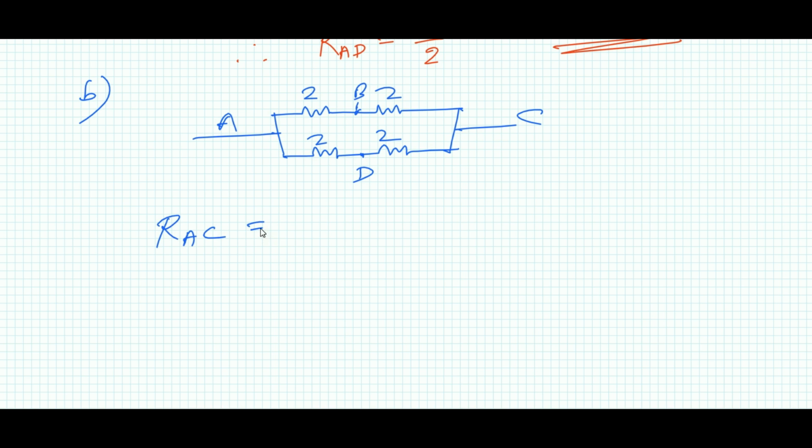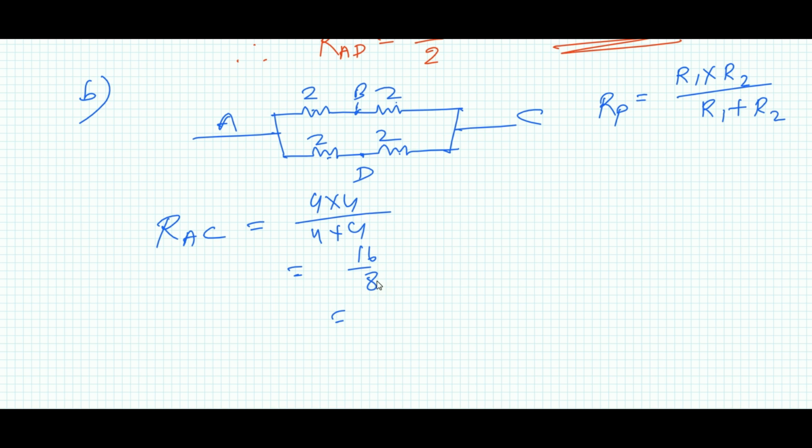In one line we can say that this is 4, this is 4. In short, we know that RP for 2 resistors can be directly calculated by this formula. It's very short. So we can say 4 into 4 by 4 plus 4, that is 16 by 8, that is 2 ohms.